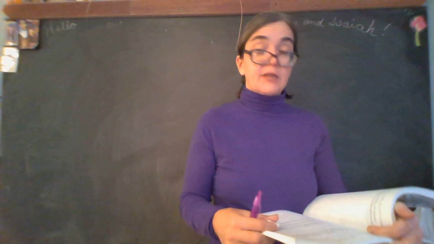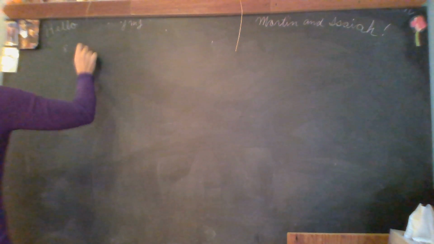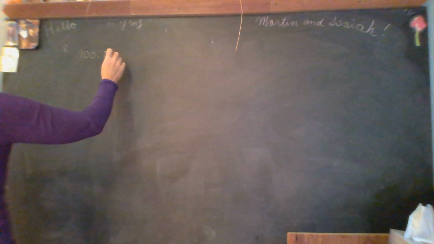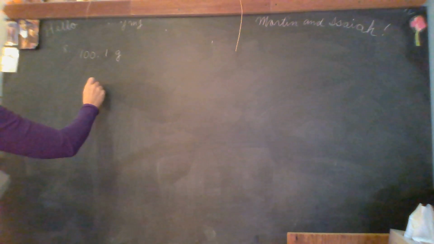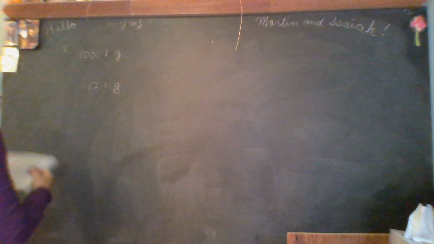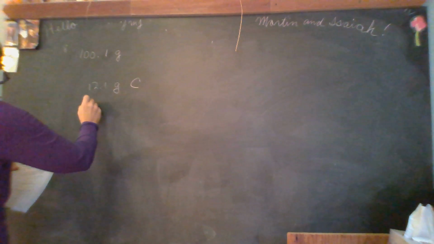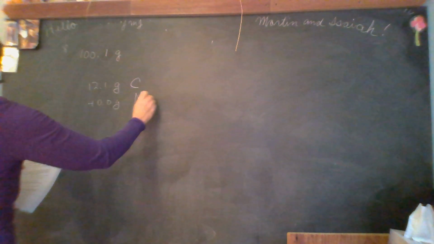We're doing module 3 test, and I'm starting here with question number 8. A chemist decomposes 100.1 grams of a substance into 12.1 grams of carbon and 40.0 grams of magnesium.